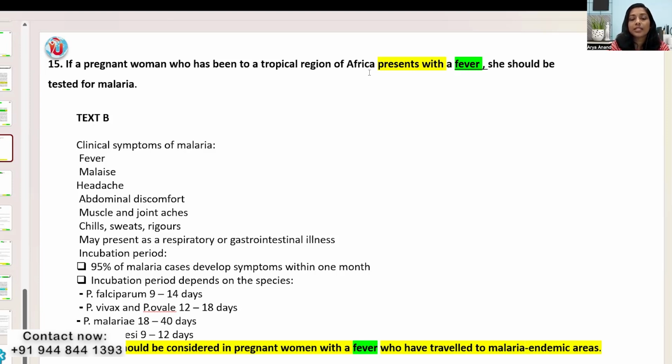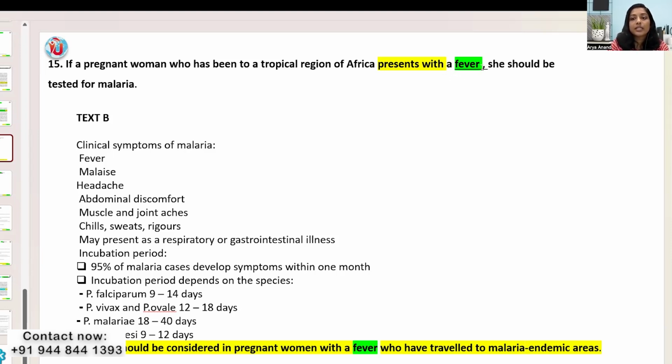Because here, tropical region of Africa is there, correct? So from which text is it? Text B, right? Why? Here they have asked presents with a. That means a symptom, right? Presents with a something, some symptoms, okay?